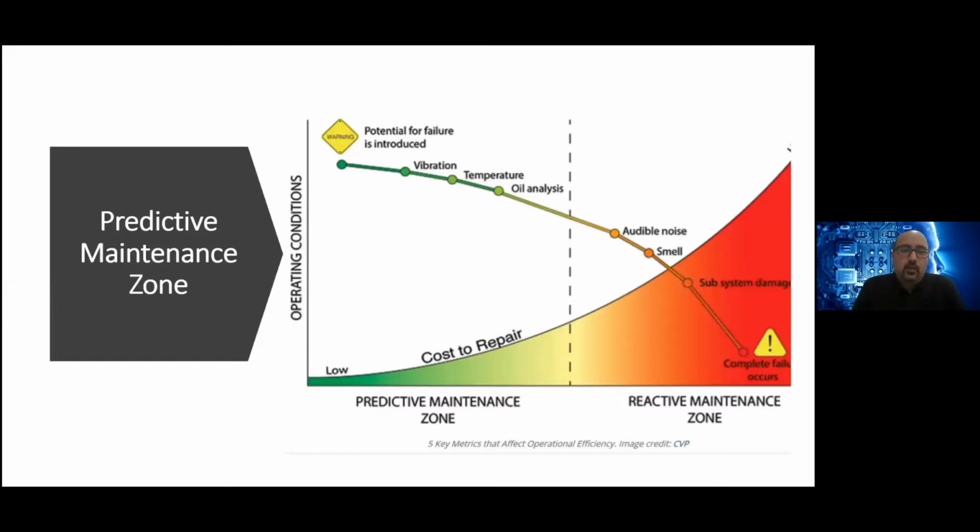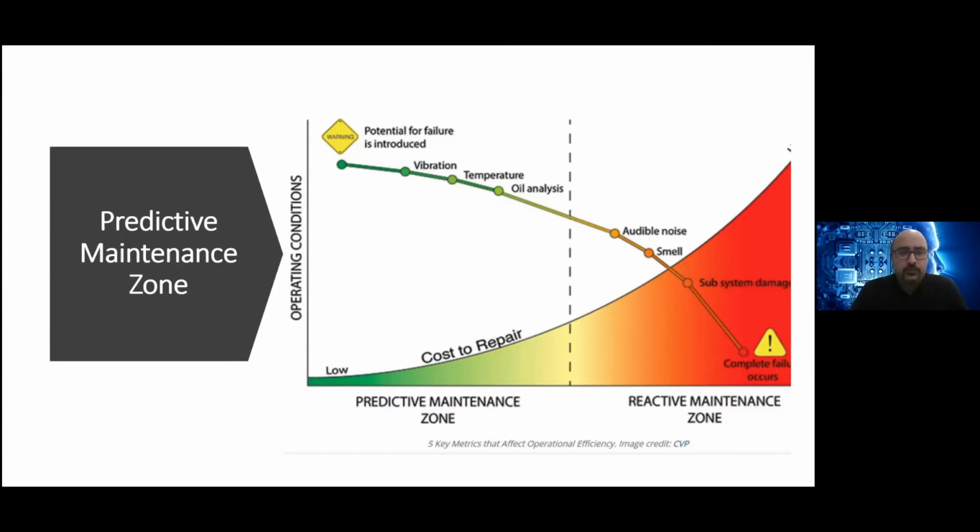The goal for this project is the predictive maintenance zone. It means we're trying to catch any asset fault or error in this green zone area, which you can see in the slide. In this area, the cost to repair is much lower than in the reactive maintenance zone.